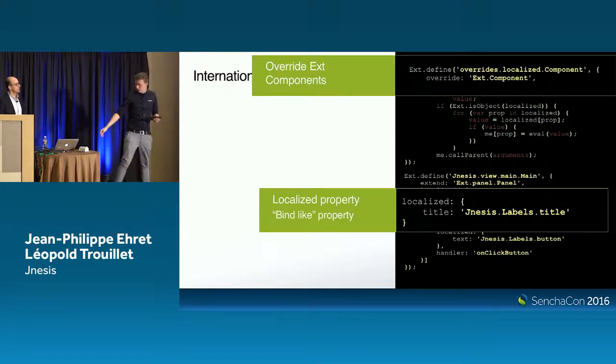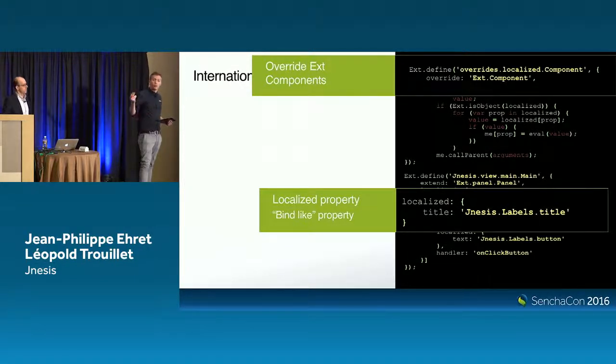If you see the bit of code over here, actually we are looping inside a localized property, and we'll get the proper string. For instance, if we take this string, localized title, which is jnesis.labels.title, if we make an eval on it, you will get what's in the singleton as a title.